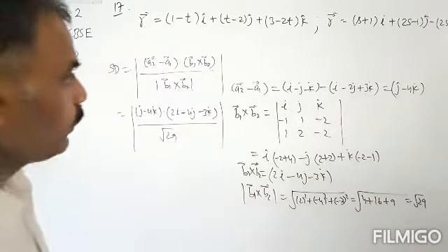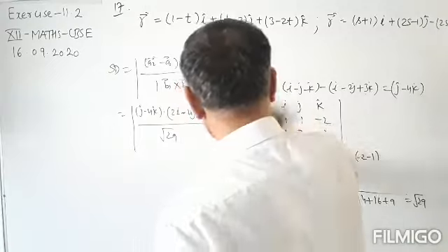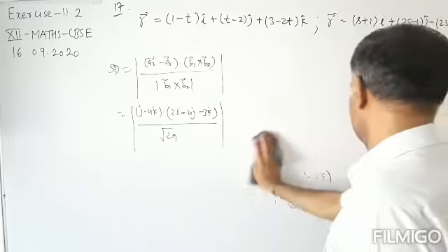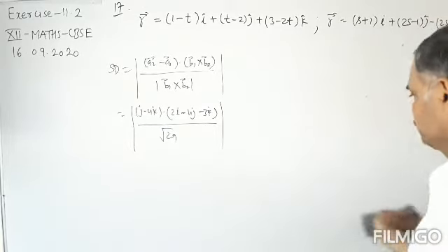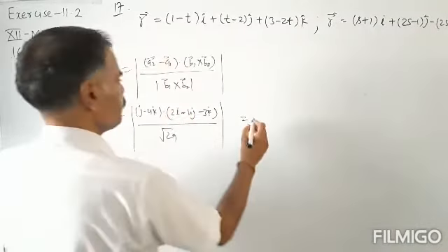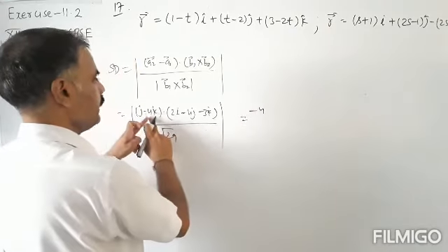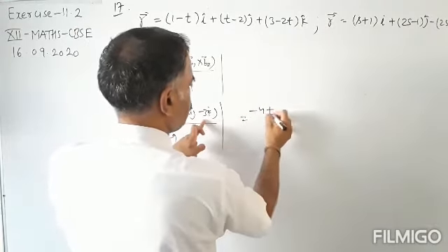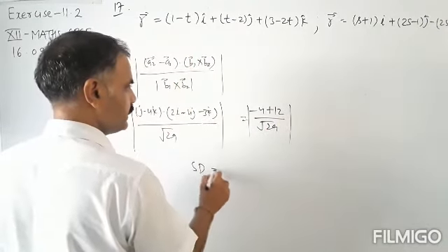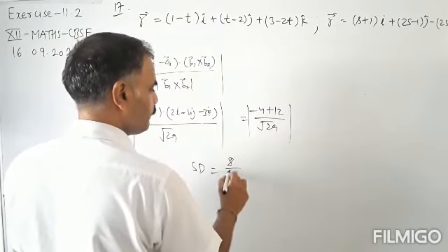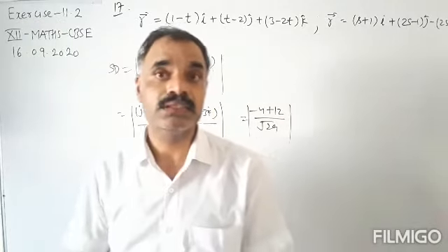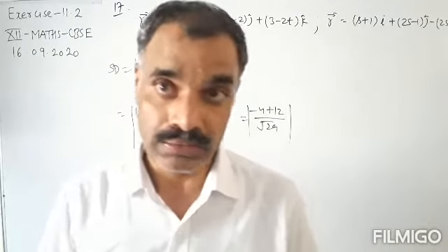Solving this, we get minus 4 plus 12 upon under root 29. Taking the positive value, the shortest distance equals 8 upon under root 29. This is the shortest distance between the given two lines.